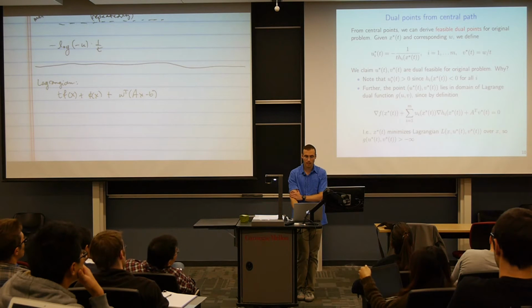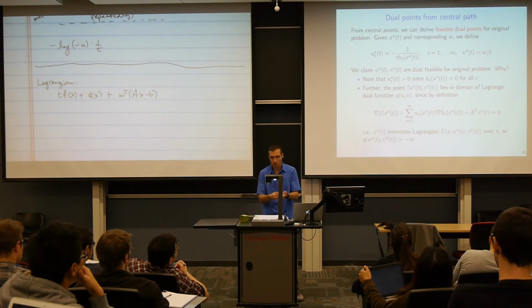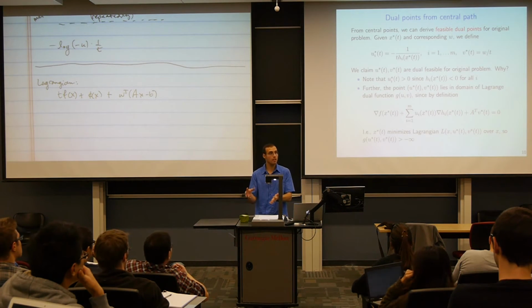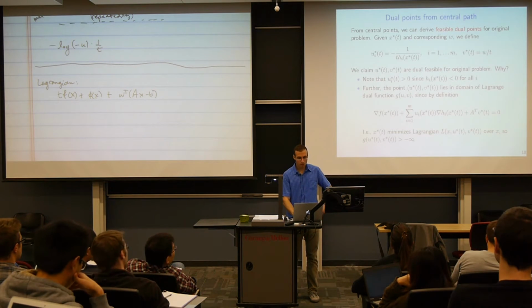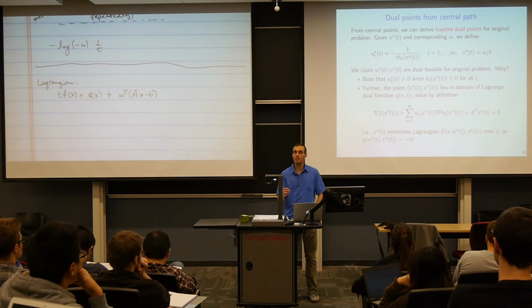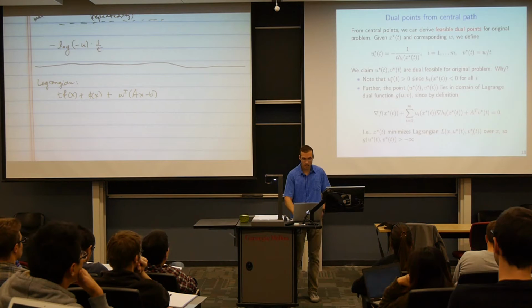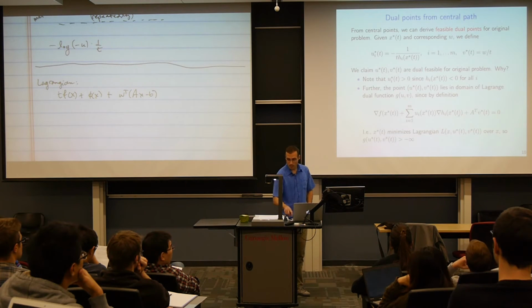We have to actually check that this point itself lies in the domain of our Lagrange dual function in order for this to be feasible, because remember, when we form the Lagrange dual function, it gives us some implicit constraints from its domain. We can check that by seeing that it actually minimizes the Lagrangian at the point x star. If I were to minimize the Lagrangian over x, at x star, that's the minimum if we plug in u star and v star to the Lagrangian. And that just comes right from the stationarity condition.